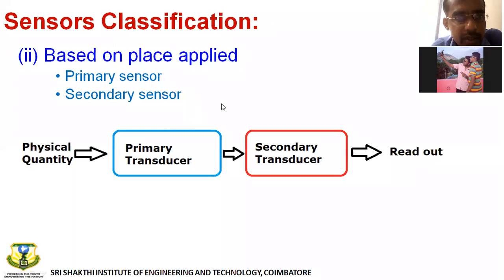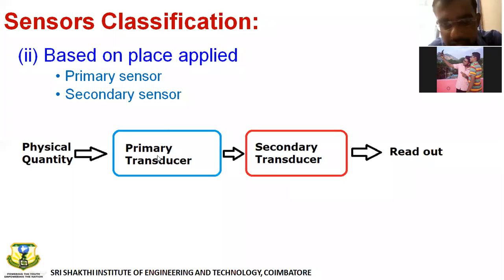So based on place applied, it is classified as primary and secondary. As I told you, there are some indirect ways of sensing. One physical quantity is converted to another, and from there it is converted to the electrical quantity, could be for convenience. In that case, the first transducer or sensor is called the primary transducer, and the following transducer is called the secondary transducer.